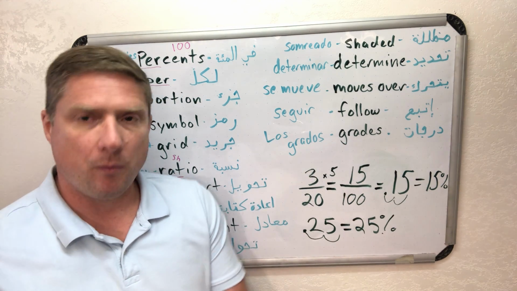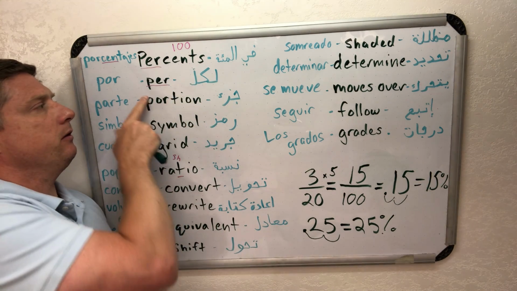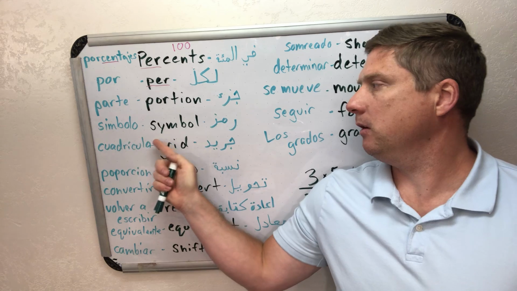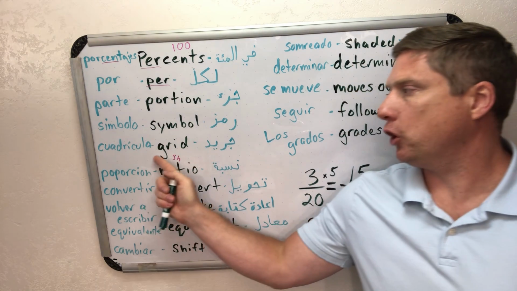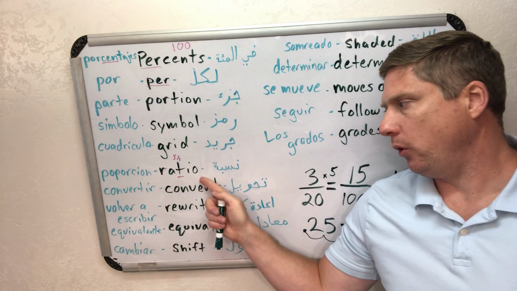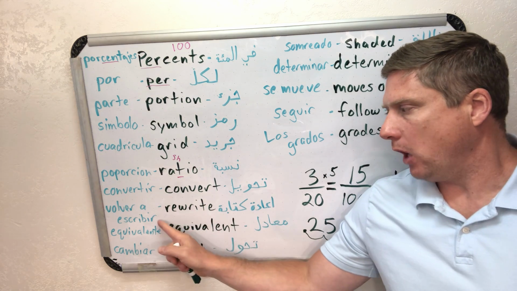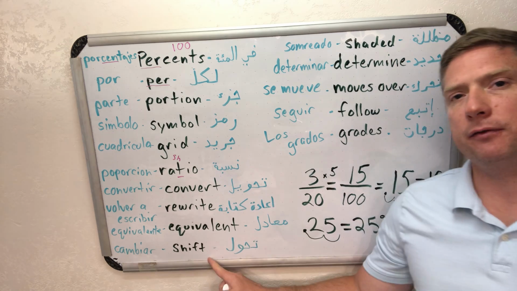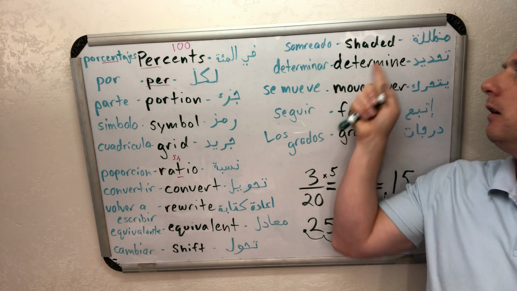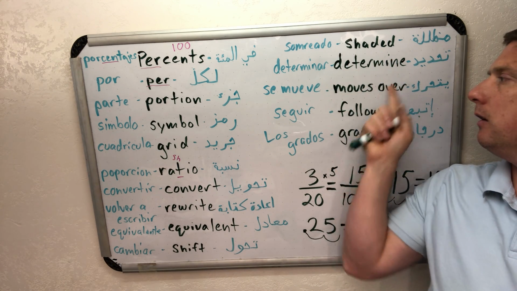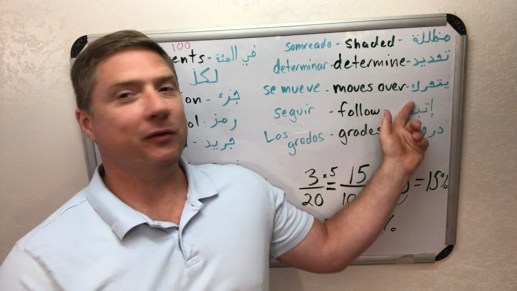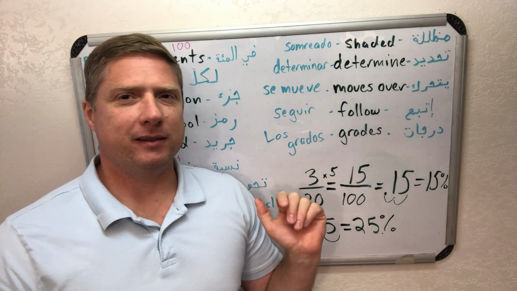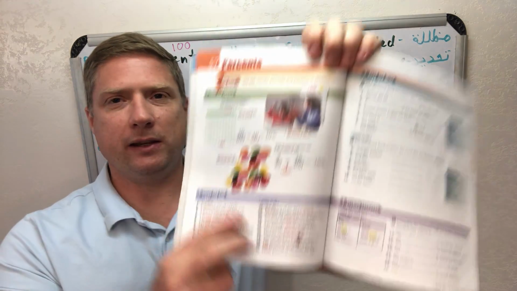Okay, one more time. Percents, per, portion, symbol, grid, ratio, convert, rewrite, equivalent, shift, shaded, determine, moves over, follow, grades.